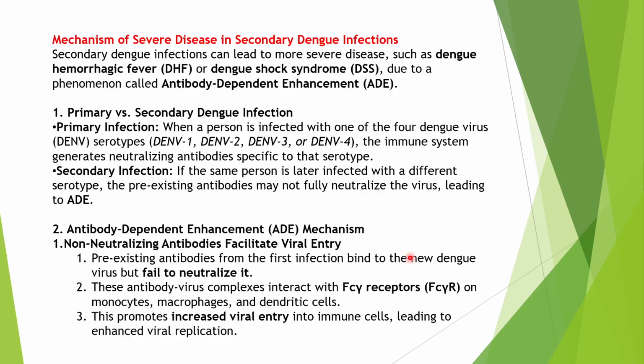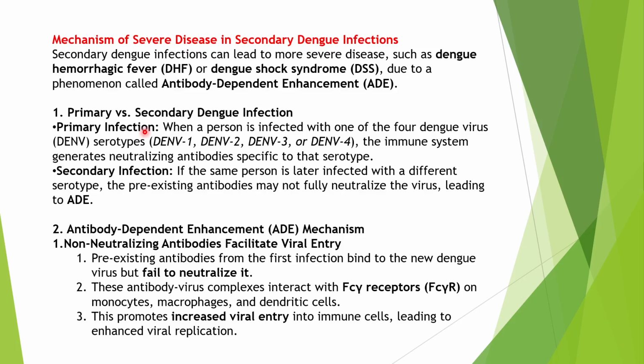The next is the mechanism of severe disease in secondary dengue infections. Secondary dengue infections can lead to more severe diseases such as DHF and DSS, due to the phenomenon called ADE. DHF is dengue hemorrhagic fever, and DSS is dengue shock syndrome, both due to antibody dependent enhancement, and these are secondary infections.